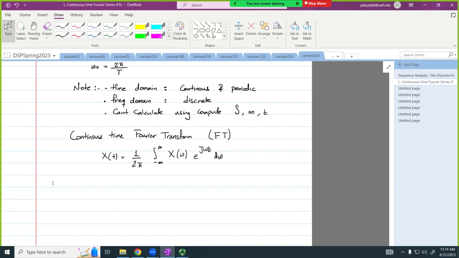And we can calculate x of omega, which equals the integration from negative infinity to infinity of x of t e to the negative j omega t dt. What is an example of using the Fourier transform to calculate a spectrum that we're familiar with?